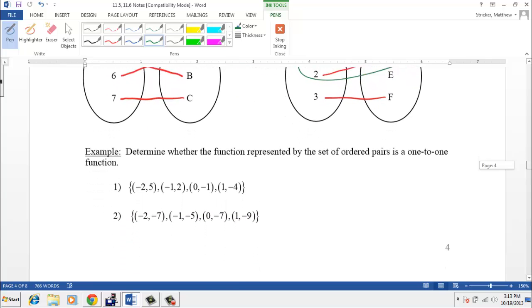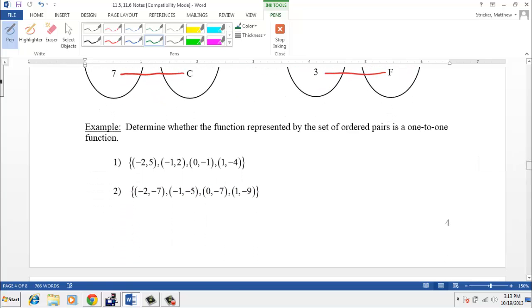We could also take a look at sets of ordered pairs and see which is one-to-one and which is not one-to-one. Notice here we have output of 5 associated with -2. 2 is associated with -1. -1 is associated with 0, and -4 is associated with 1. There's no case where we have an output that results from 2 different inputs.